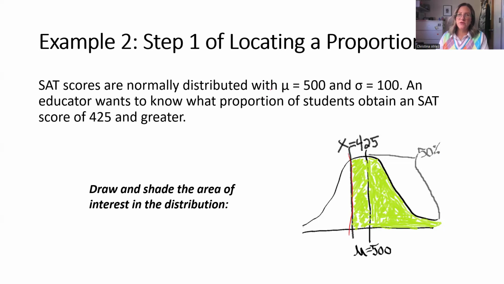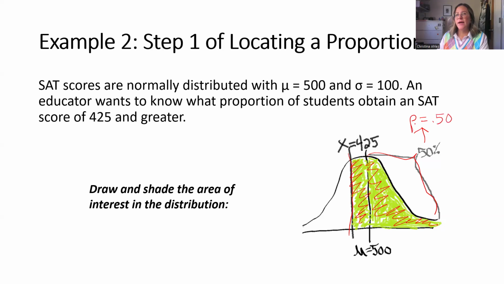But this researcher wants to know what proportion of students score above that. So that means we're going to have to account for this sliver from the mean to Z, and we're going to have to add it to the other entire half of the distribution. And remember, we automatically know that an entire half of the distribution is 50%, right? We convert 50% to P equals 0.50.